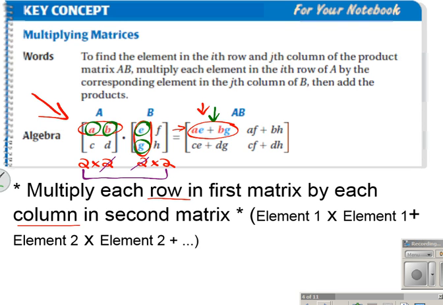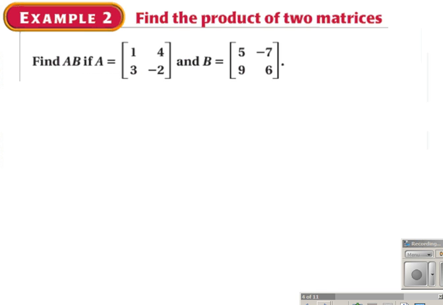So let's go ahead and look at an actual example. We're given matrix A and we're given matrix B. It says find A times B. So let's double check first of all to make sure we can actually multiply these matrices. So the first matrix is a 2 by 2. The second matrix is a 2 by 2.